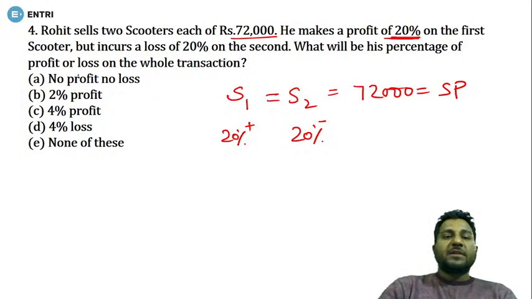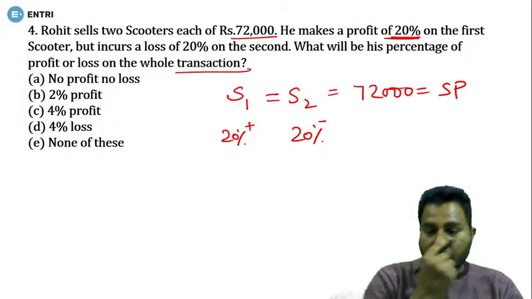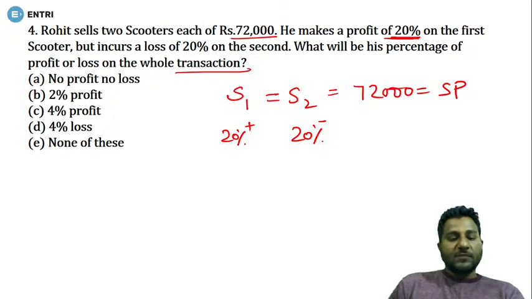What will be his percentage of profit or loss on the whole transaction? So how are you going to do that? Come on, tell me. 20% on the first and 20% on the second. Now tell me.